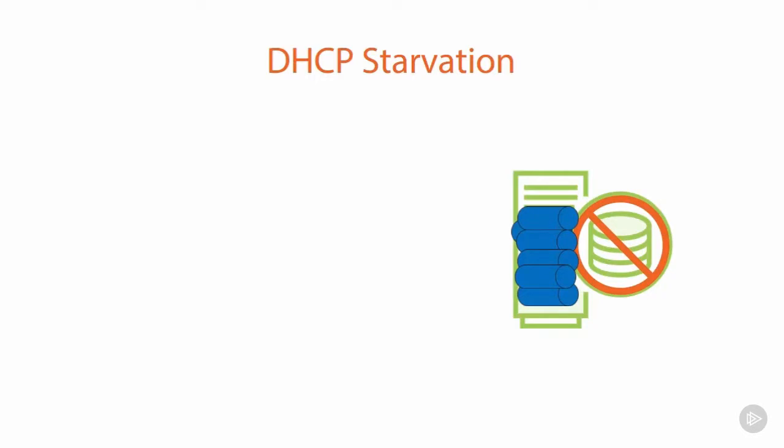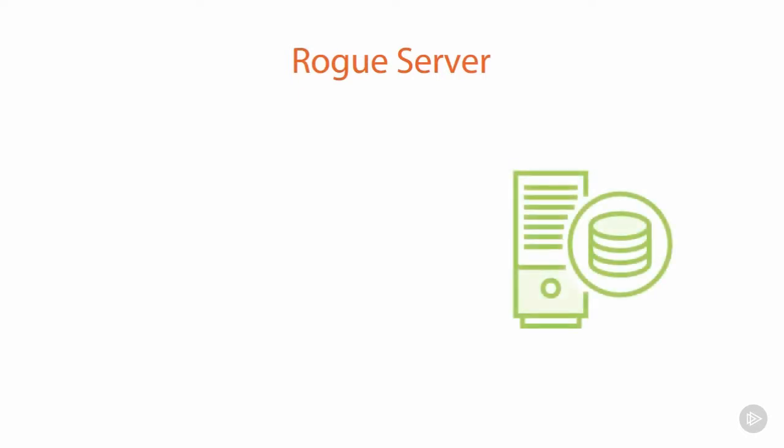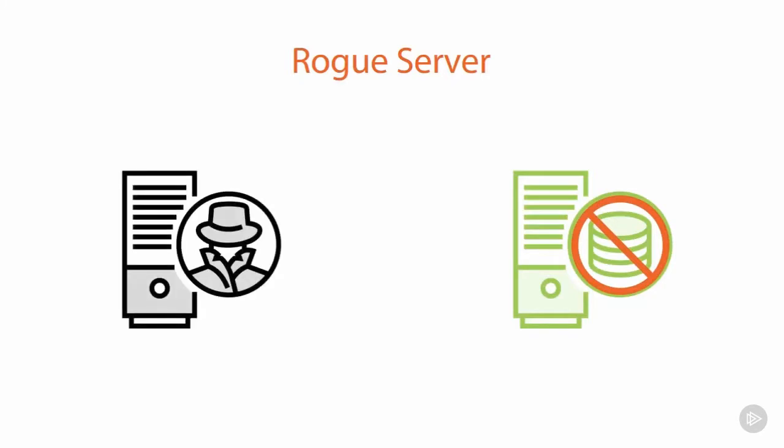Now, if I'm able to accomplish this, my next step would be to implement a rogue server. So if I've got the company's DHCP server and I've done a DHCP starvation attack, my next thing is I'm going to fire up a virtual machine that has my own version of DHCP server on it to start issuing out IP addresses and maybe to implement other things like a spoofed DNS server, which we'll talk about in a few minutes.